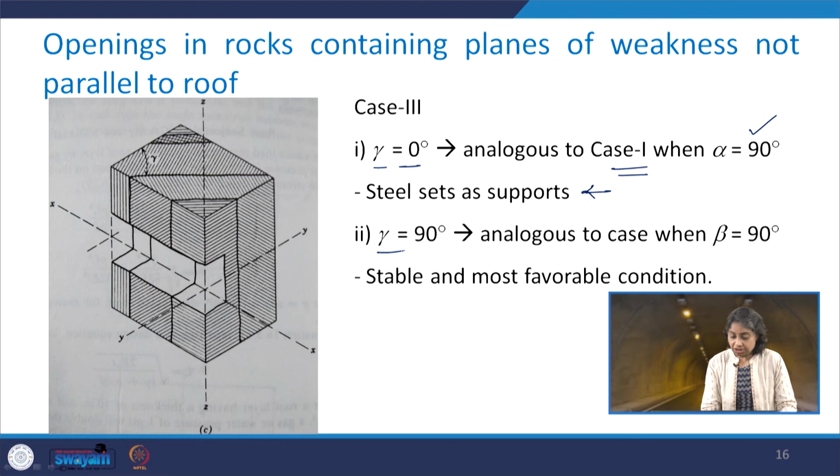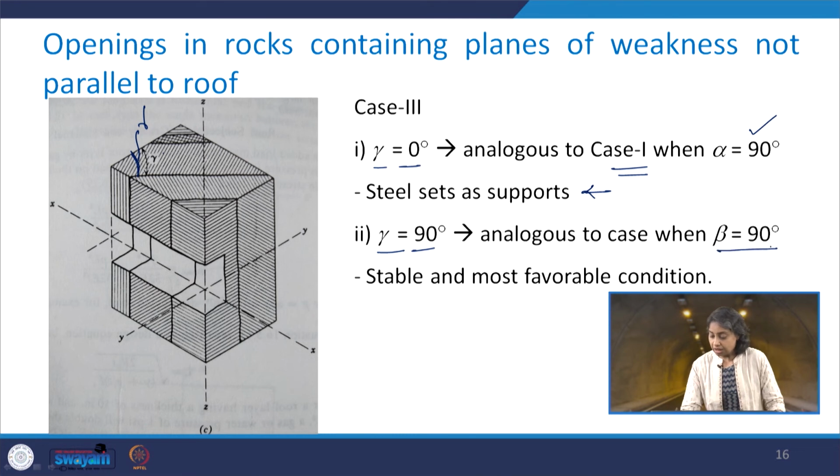But if gamma is equal to 90 degree, see what this angle gamma is, as shown here in this figure, this angle is angle gamma. When this is 90 degree, this becomes analogous to the case when beta is 90 degree, and therefore, this is going to be the stable and most favorable condition as far as the openings are concerned.